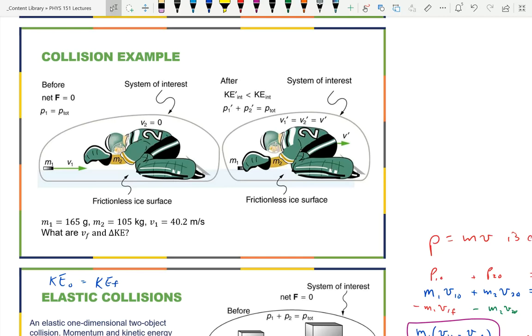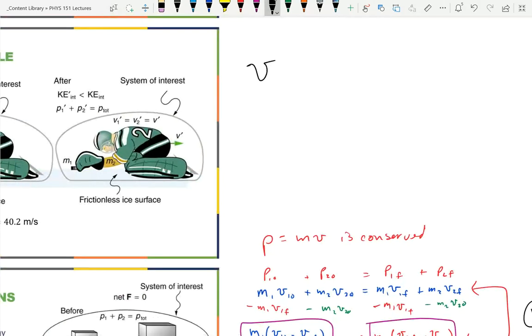And so I'm going to have, in this case, just jumping to the final answer, V final is equal to V initial times mass 1, V1 initial, over mass 1 plus mass 2. And since the mass of the hockey player is more than 1,000 times the mass of the puck, the speed of the goalie plus the puck in the end is going to be less than 1/1000th of the speed of the puck. So the goalie does not rebound very quickly.